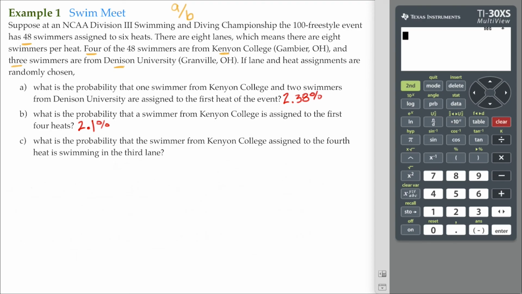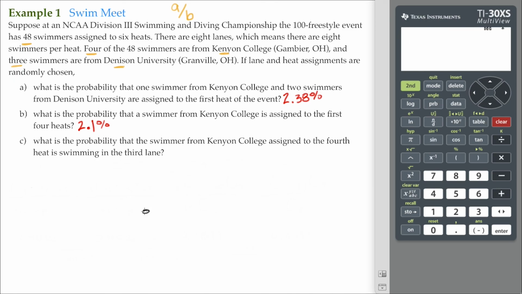Now for letter C, it says, what is the probability that the swimmer from Kenyon College assigned to the 4th heat is swimming in the 3rd lane? So now you have a Kenyon College swimmer who's assigned to the 4th heat. What's the probability he's going to be swimming in the 3rd lane? Well, his probability of swimming in the 3rd lane is the same as any of the other swimmers swimming in that heat.